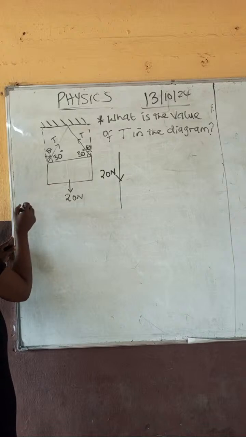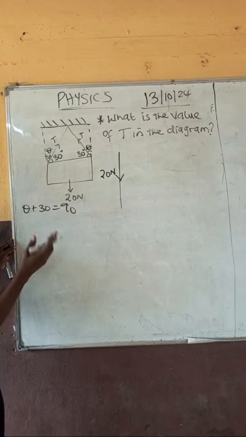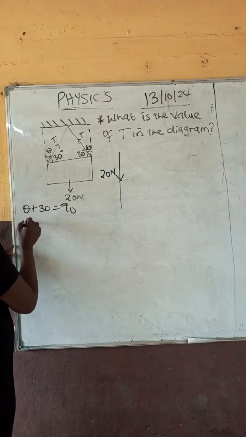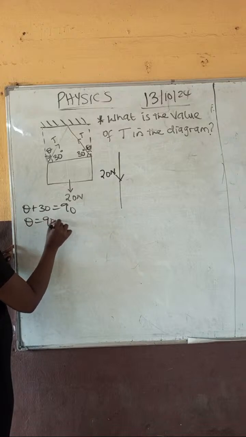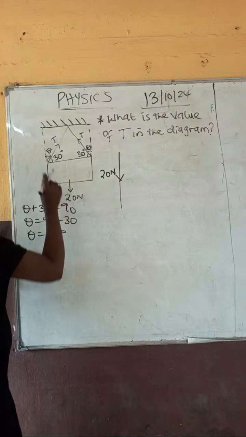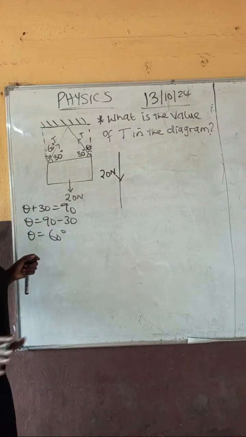So I can say that theta plus 30 is equal to 90, right? Because a right angle is 90 degrees. So theta is equal to 90 minus 30. Theta is equal to 60 degrees. So here it becomes 60 degrees. Do you understand?